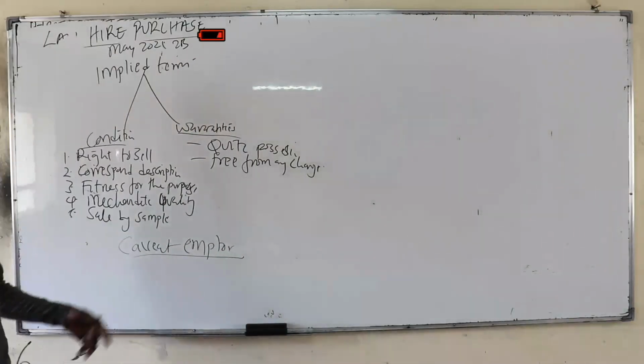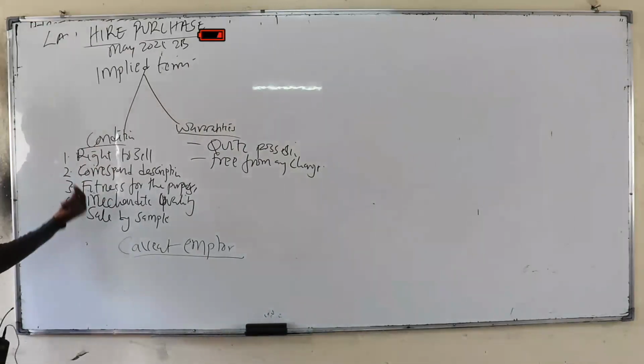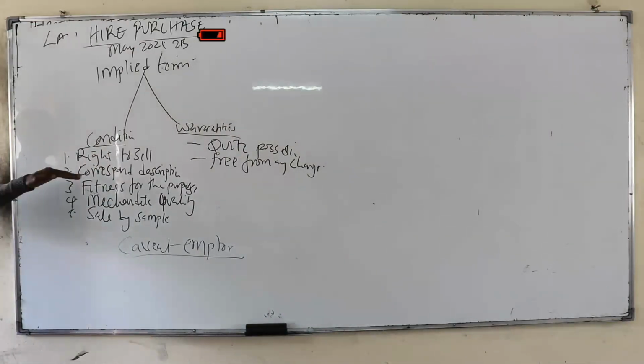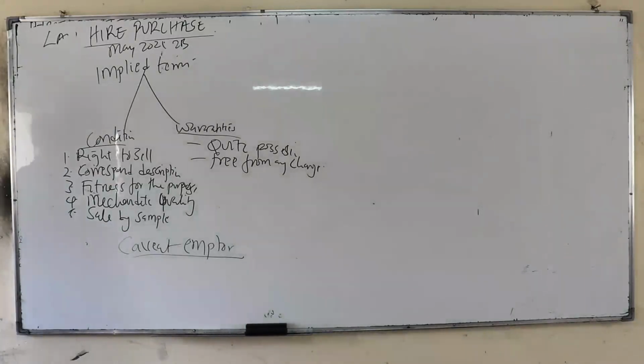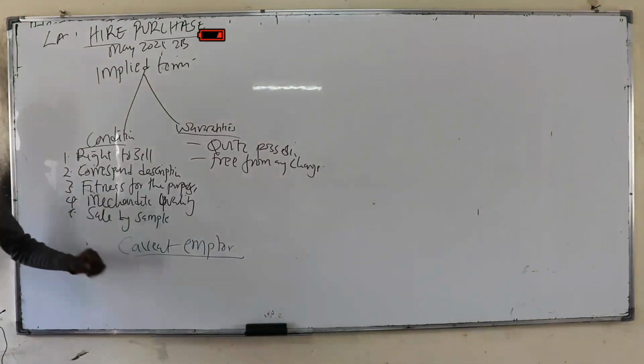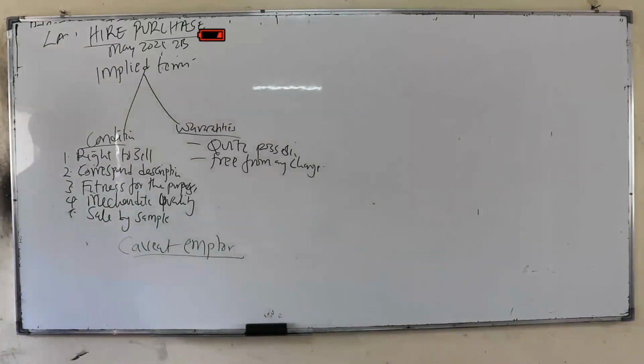So if you go to buy something, where there was a description of that thing you are going to buy, you mean that it will not be defective, or of a certain type, but will be of that description, okay? Then merchantable quality: the thing you buy will be of the same quality that you are shown.